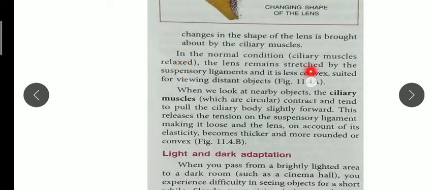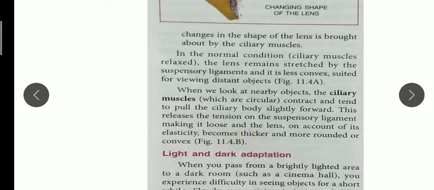So the lens becomes stretched by the suspensory ligaments and is less convex, so we can see the distant object. When we look at a nearby object, the ciliary muscles contract and pull the ciliary body slightly forward, and this releases the tension or stress on the suspensory ligaments, making them loose, and the lens changes its curvature and becomes thicker and rounded or convex.